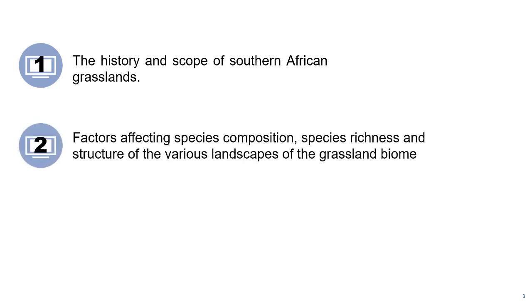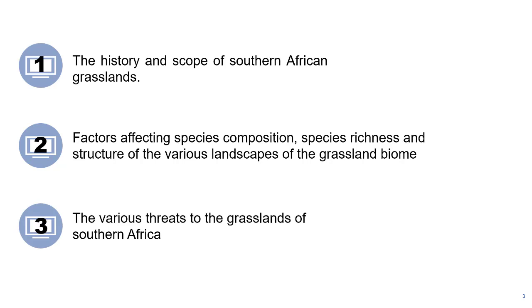Screencast 2, the factors affecting species composition, species richness, and structure of the various landscapes of the grassland biome. Screencast 3, the various threats to the grasslands of Southern Africa.